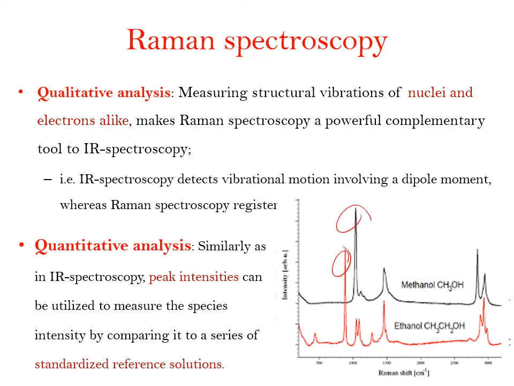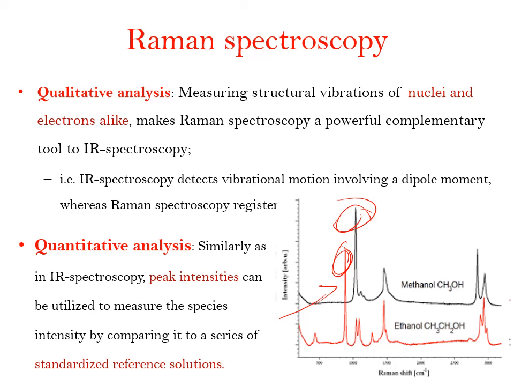Raman spectra of ethanol and methanol, for example, as you can see in this picture, show significant spectral differences that allow us to distinguish the two liquids. Ethanol has a specific Raman spectrum which is different from methanol. That helps us to distinguish these two liquids.